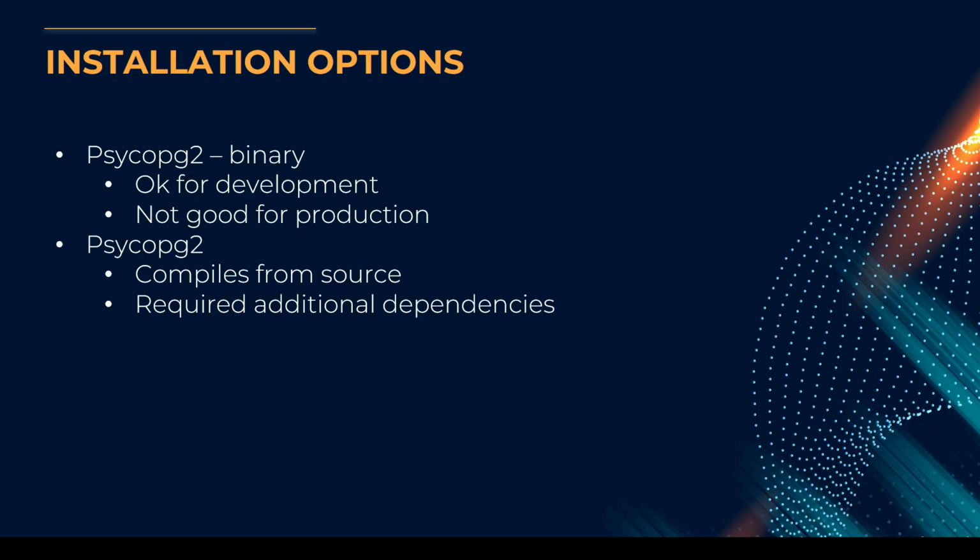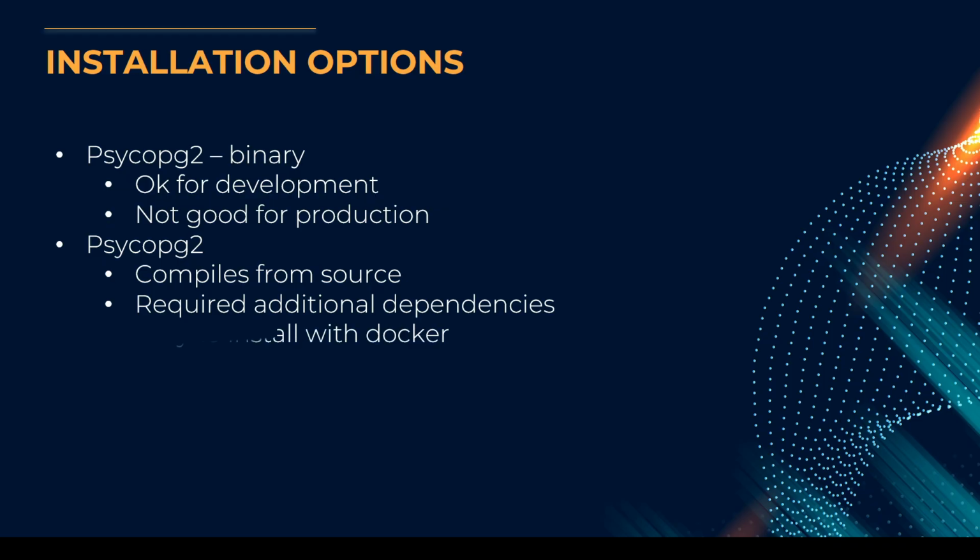That's why many people default to the binary option, because it doesn't require these build dependencies and works reliably across most systems. However, as I mentioned earlier, the binary version has some drawbacks, such as slightly reduced performance compared to the source compiled version.